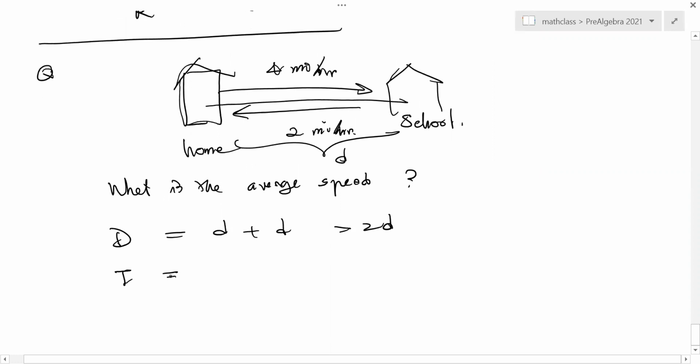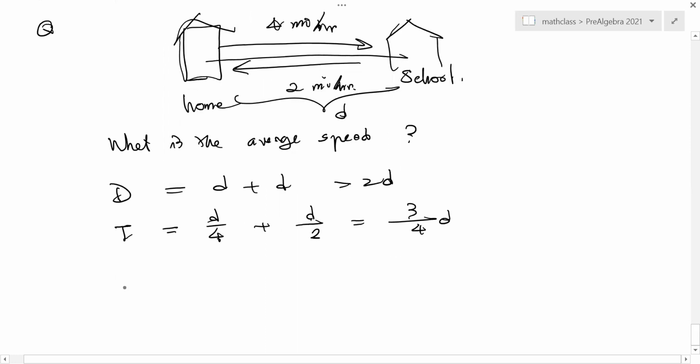The time from home to the school will be d divided by 4, and from school to home will be d divided by 2. Add them together: a quarter d plus a half d, which is 3/4 d. That is the time. Then the average speed is the distance divided by time, which is 2d over 3/4 d. You don't need to know the distance between your home and the school.